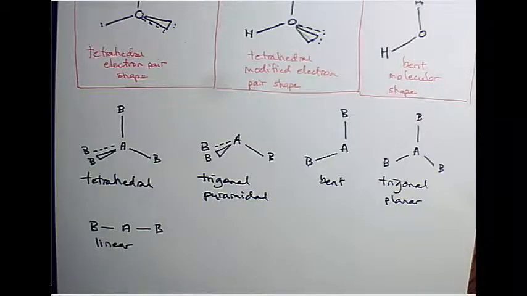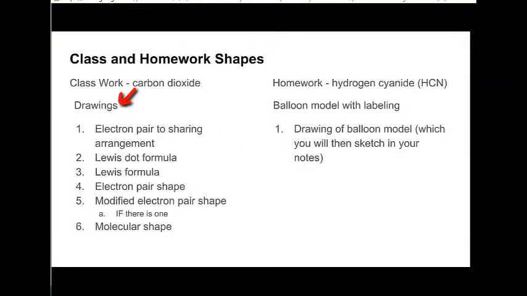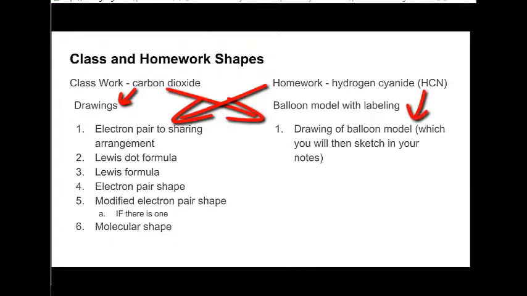Okay? You're going to build a carbon dioxide balloon model. Yes, CO2. All right, so you are working on the models, that is to say the drawings and the three-dimensional balloon model shape for carbon dioxide right now in class. Just so you know, for homework, you're going to do the same thing for hydrogen cyanide.